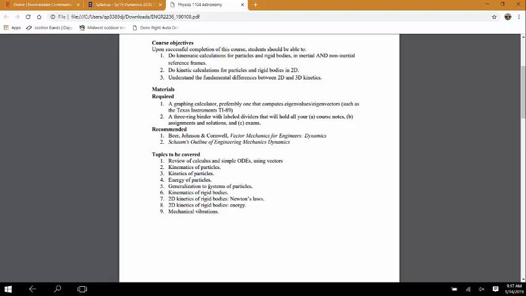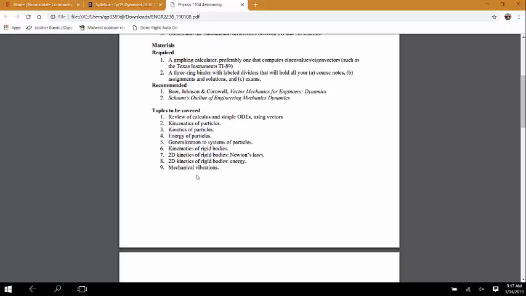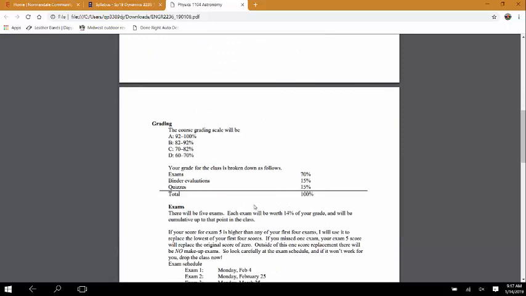The way dynamics is usually done is the introductory dynamics class is all Newtonian approach, and then the intermediate dynamics class tends to be more energy approach. They call it Lagrangian method. So most of that will be later. And then at the end, the last thing we'll do is mechanical vibrations, talk about that a little bit, just an introduction to it.